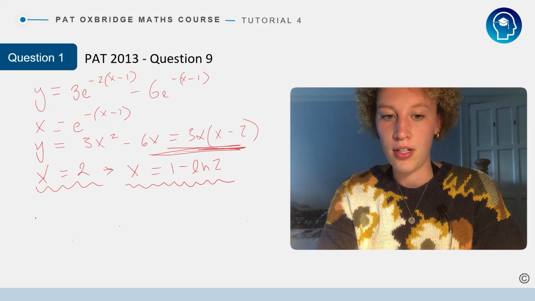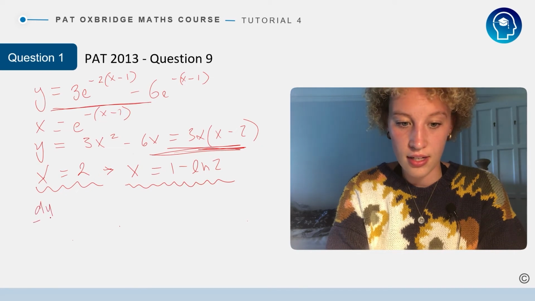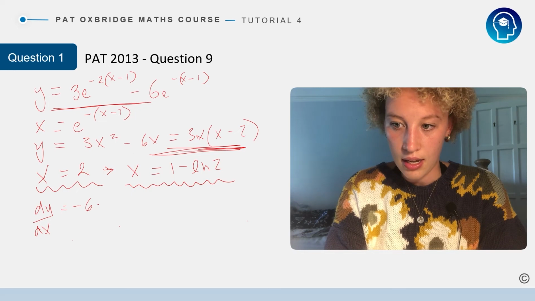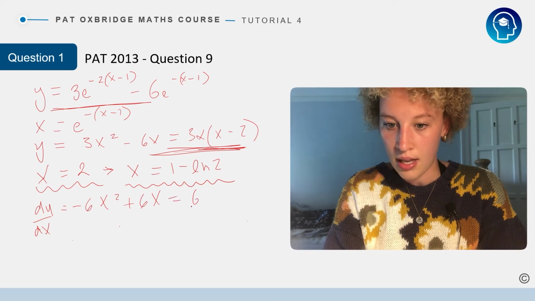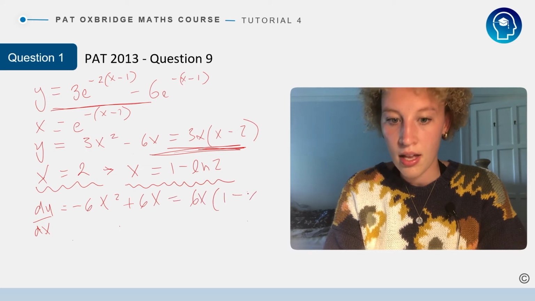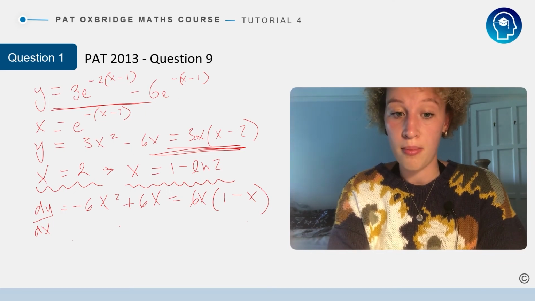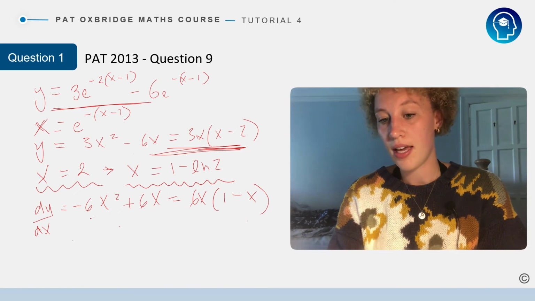So if we have a look at finding the derivative of this, we know that dy over dx is equal to minus 6X squared plus 6X, which is equal to 6X(1 minus X). And all I've done is differentiate this and then substitute in my value for capital X. And this is the expression that we get.